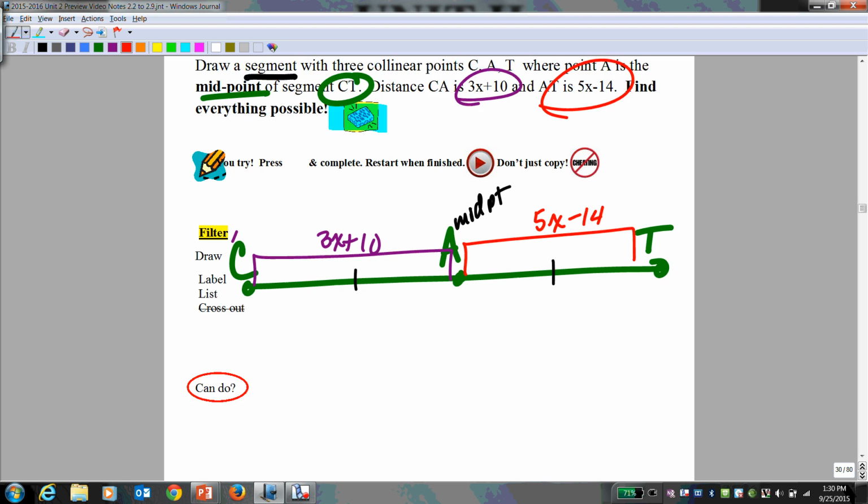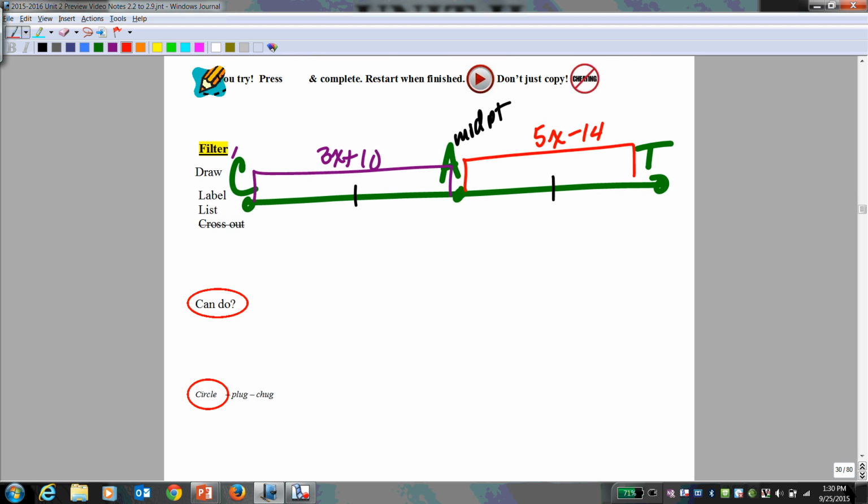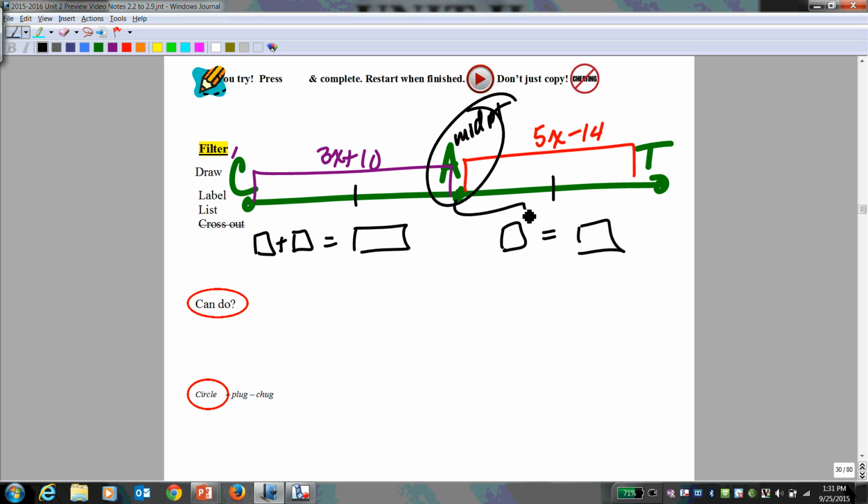Find everything possible. And we see here we have 2 choices. Either we do something plus something equals a bigger something, or something is equal to something. Because we have a midpoint, we're going to go this way right here. So we know that the segment CA equals the distance of the segment AT.